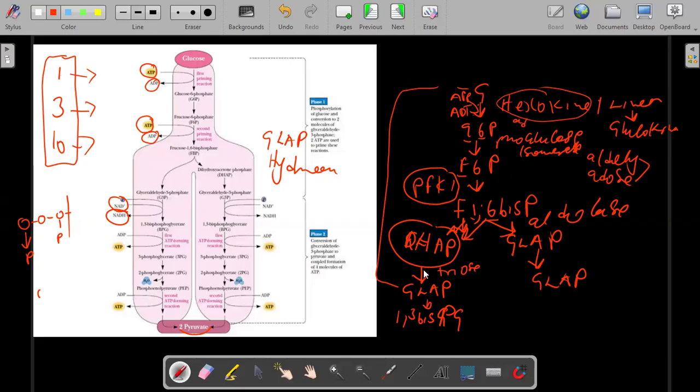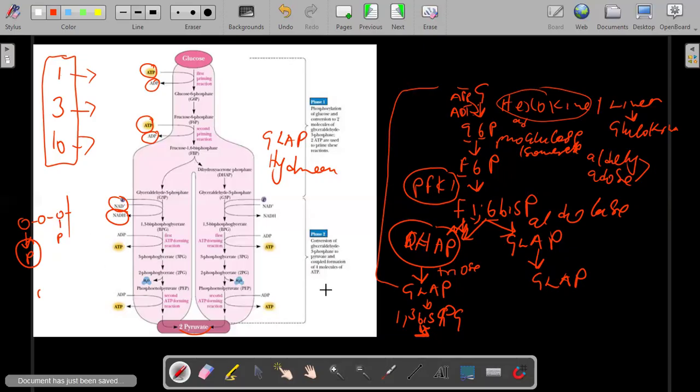For step number 7, we have 1,3-bisphosphoglycerate. What we are going to do here is remove one phosphate group from this 1,3-bisphosphoglycerate. The phosphate group we are removing is at position number 1. When we remove it, we remain with only one phosphate group, at position number 3.